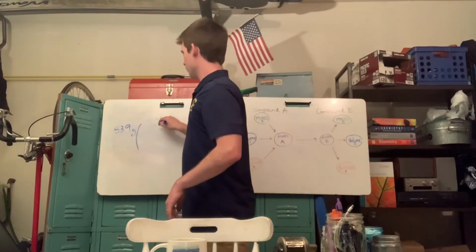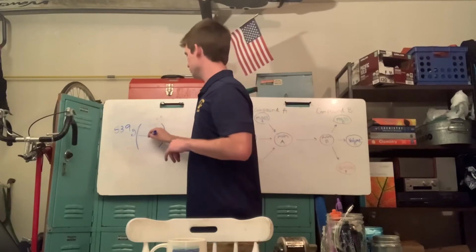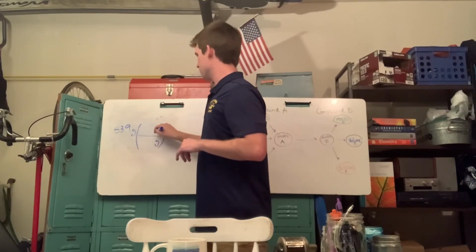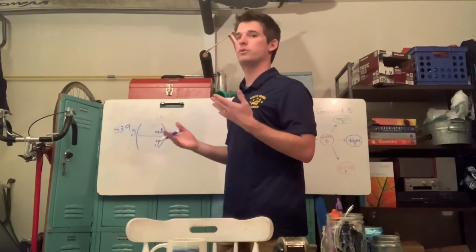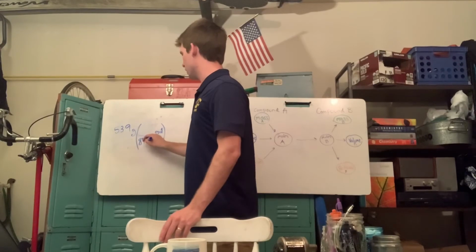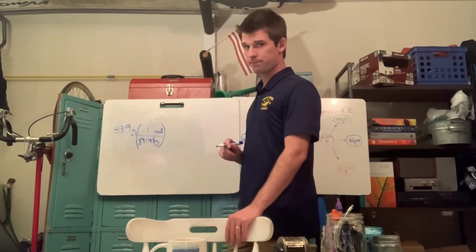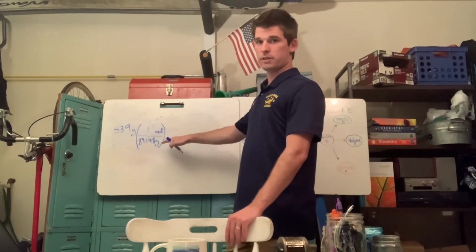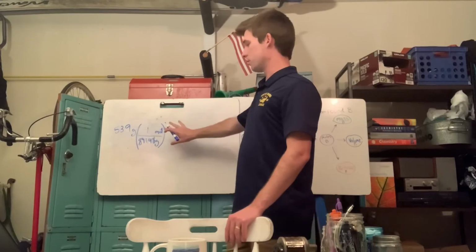So if I'm trying to go from mass to moles first, I'm going to put grams on the bottom, moles on the top. The numerical relationship for camel fat between grams and moles is that molar mass, 891.48 grams to 1 mole. Okay? And this is the same molar mass as we used in the first example, but we're not done.